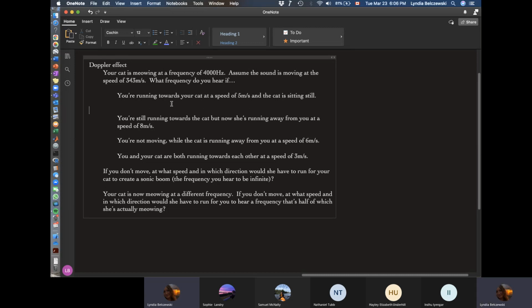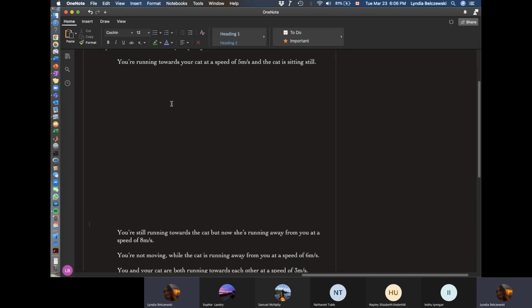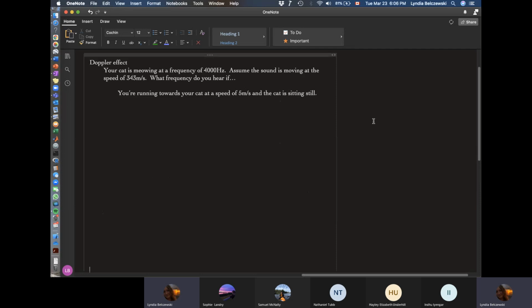So let's start just with the first part of this question here. Okay, they're saying that you have a cat, or maybe it's my cat you're listening to, and the cat is meowing at a frequency of 4,000 hertz. Assuming that sound is moving at a speed of 343 meters per second, which is pretty typical.